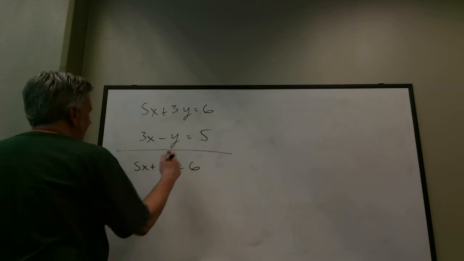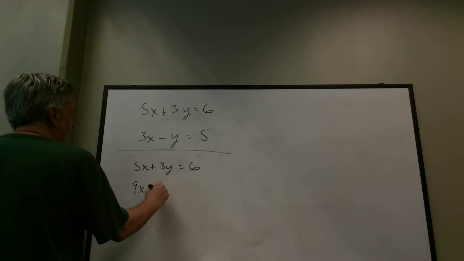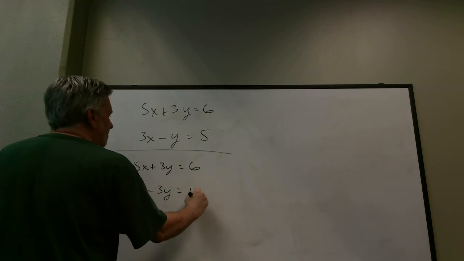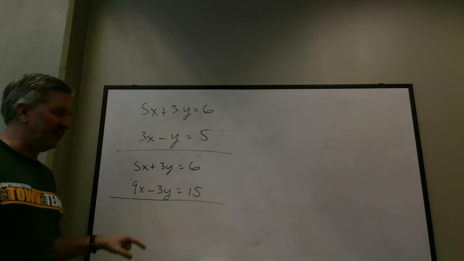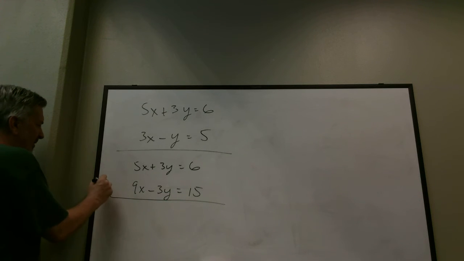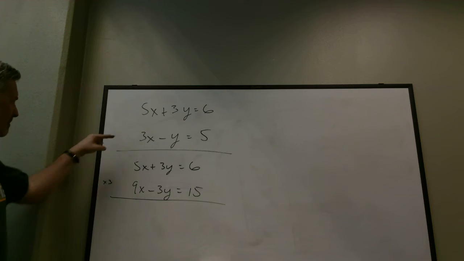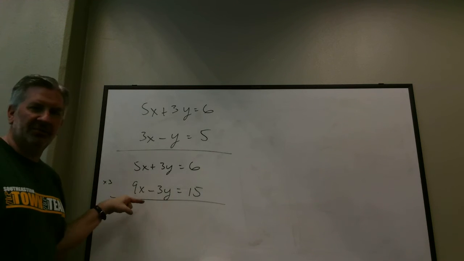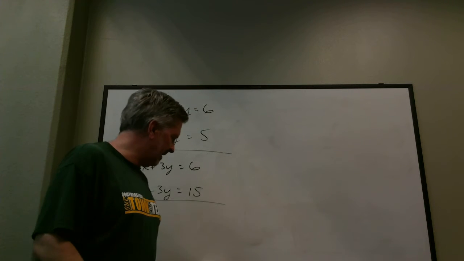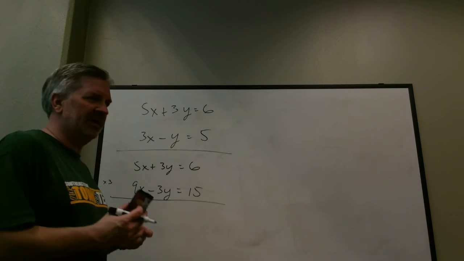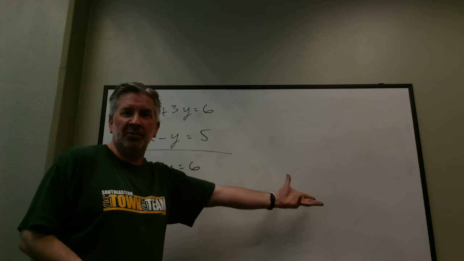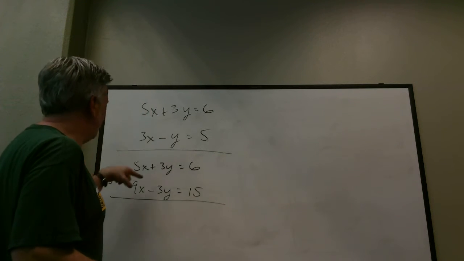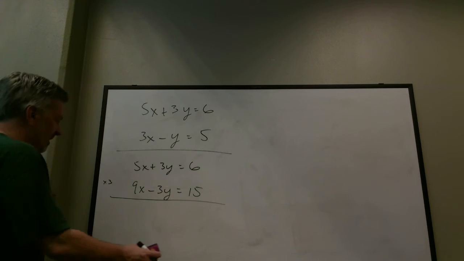So I'm multiplying through by 3 here, so I get 9x minus 3y is 15. Sometimes it's helpful if you put a little code out here, like times 3, meaning I multiplied that equation by 3 to get this one, especially if it's several steps. I'm going to do that probably in the next section, especially if you get to the end and you realize you made a mistake. It's hard to go back and figure out what you did in each step.